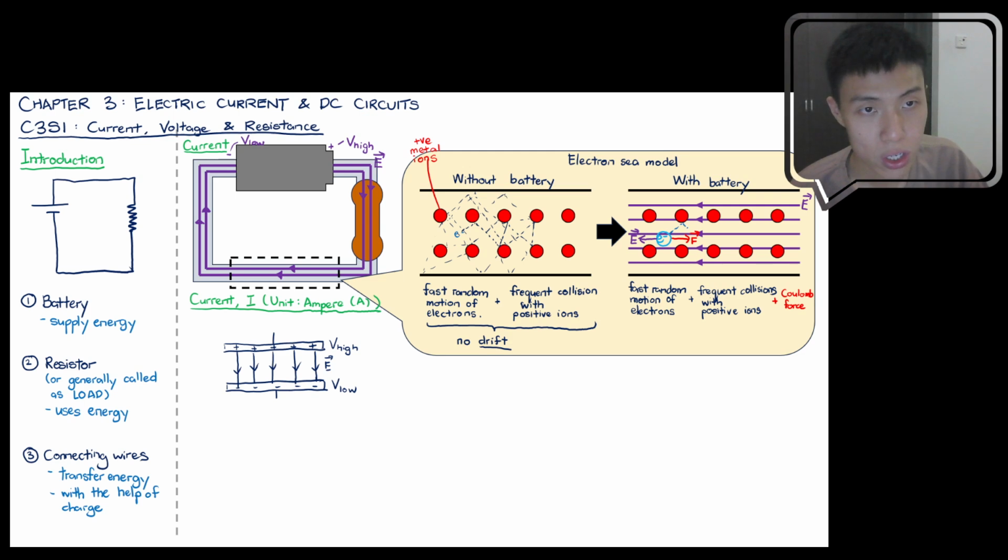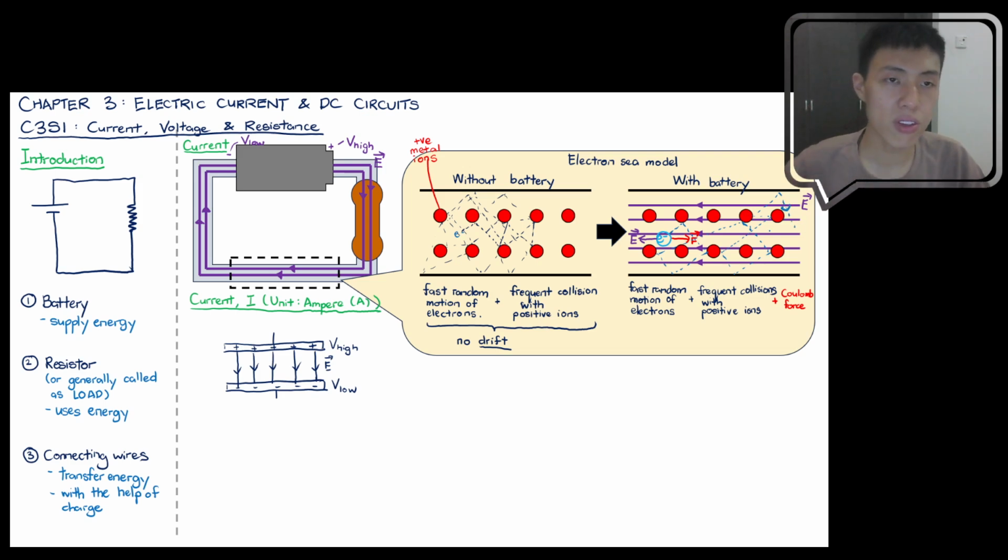The motion that you observe will still probably be random, but any chance that you have to move to the right, you actually move more. Any chance to move to the left, you move a bit less, because there's great resistance to move to the left. So essentially the electron is drifting to the right.